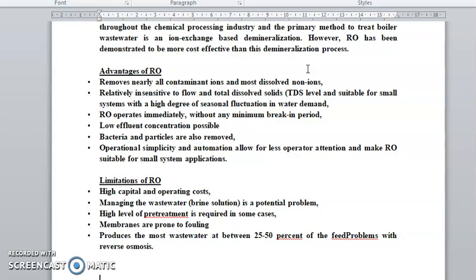RO operates immediately without any minimum break-in period. Low effluent concentration is possible. Bacteria and particles are removed. Operation is simple and automatic, which makes RO suitable for small applications. These are the advantages.